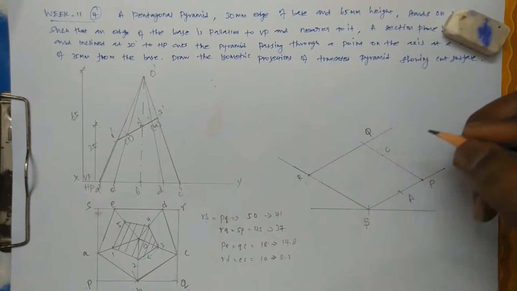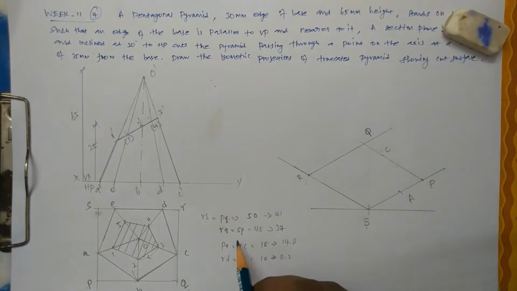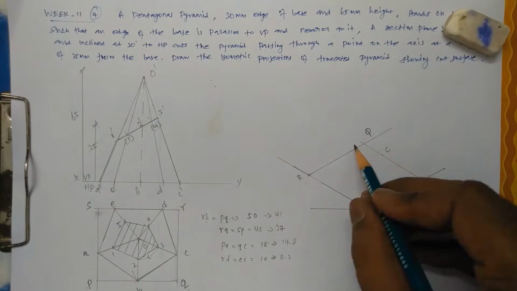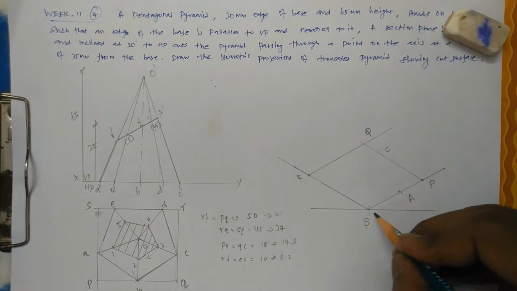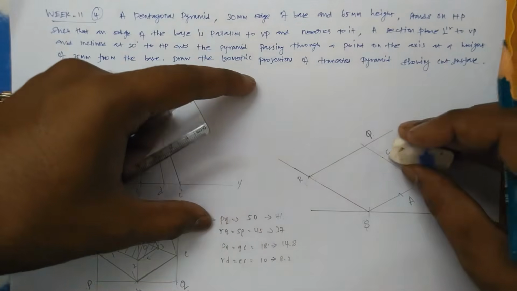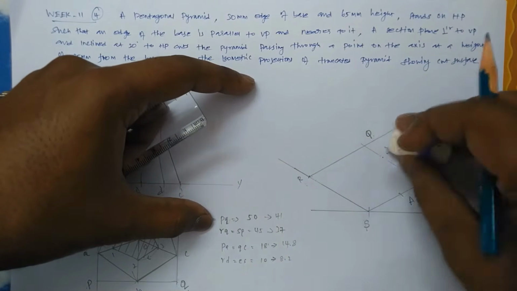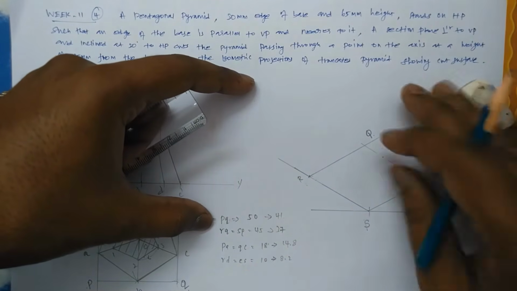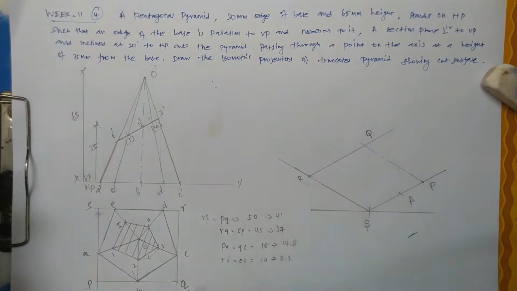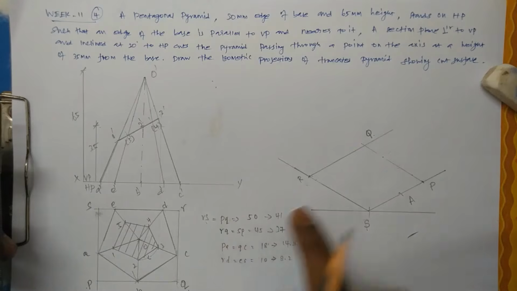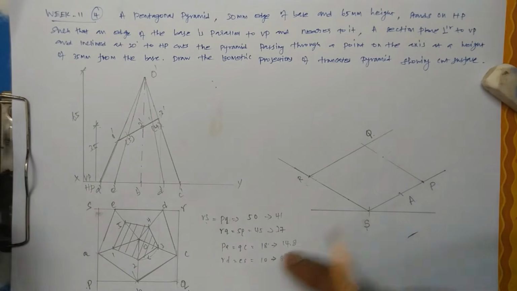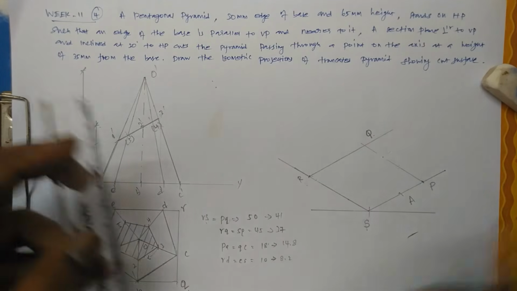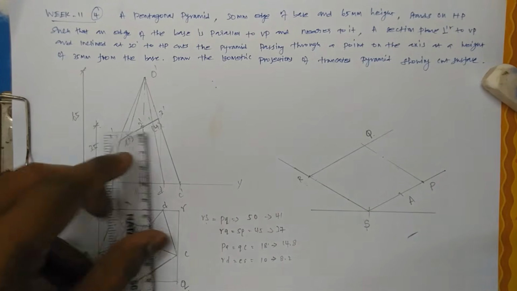I think C is slightly forward. From Q it's not, from P only I have marked. P to C. So Q to C, that is 14, not Q to C.